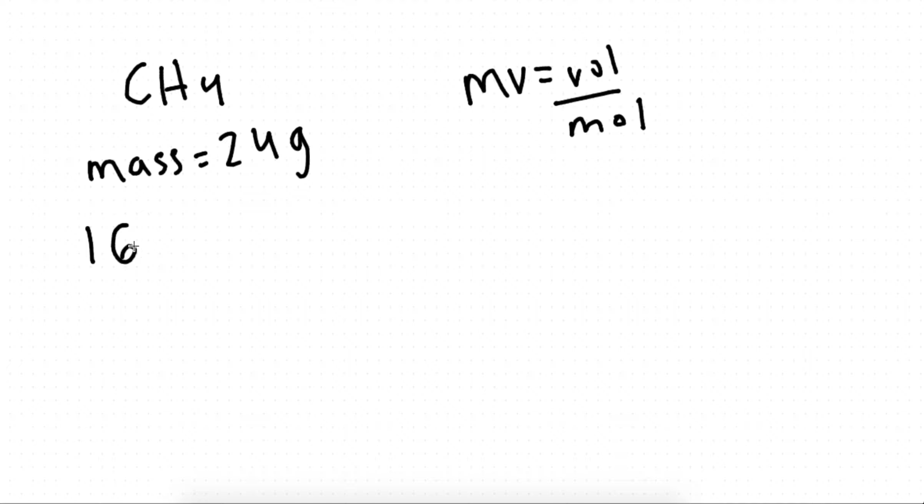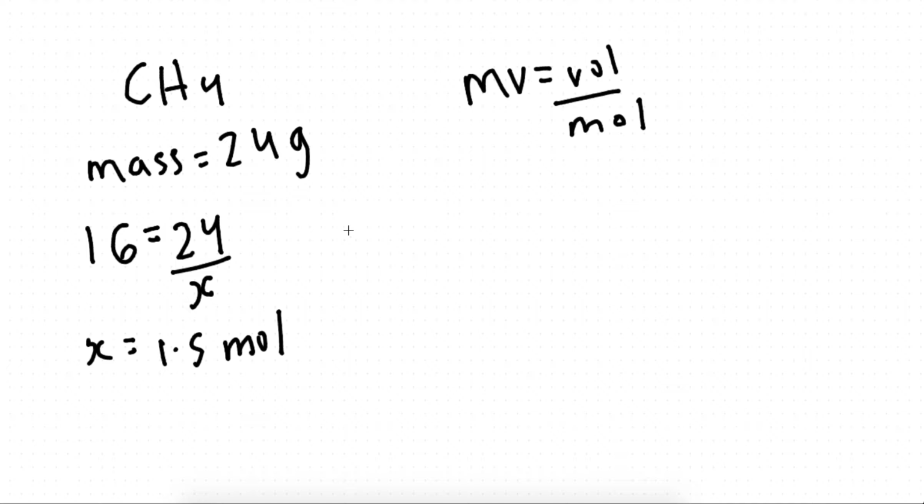So molar mass, which is 16, equals mass 24 over number of moles x. 16x equals 24, x equals 24 over 16, x, which is the number of moles, equals 1.5 moles.